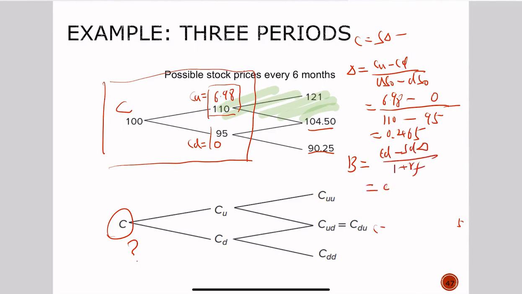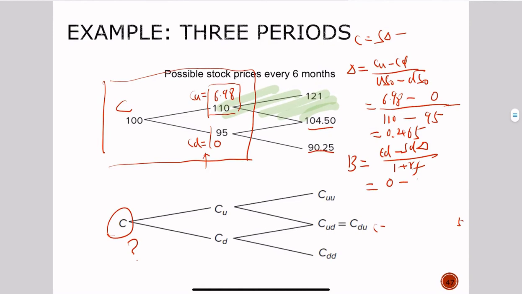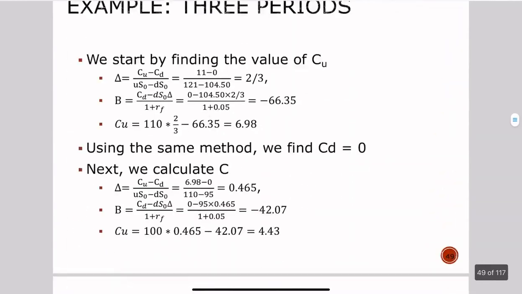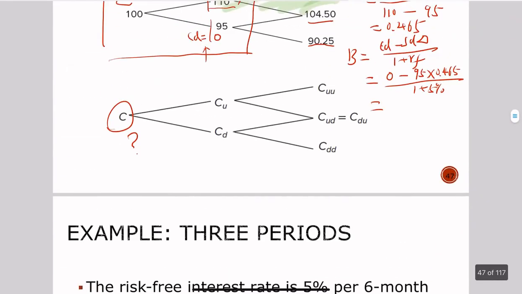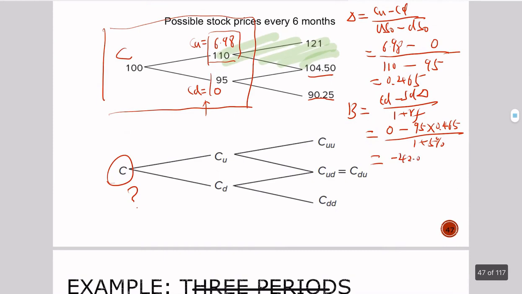So CD would be 0, and oh, sorry, it's not 0, because we're looking at this guy. Oh yeah, it is 0, because we're looking at this guy here. So 0 minus delta times the down price, which is 95. Delta is 0.465, times 1 minus 5%. So this gives you minus 42.07.